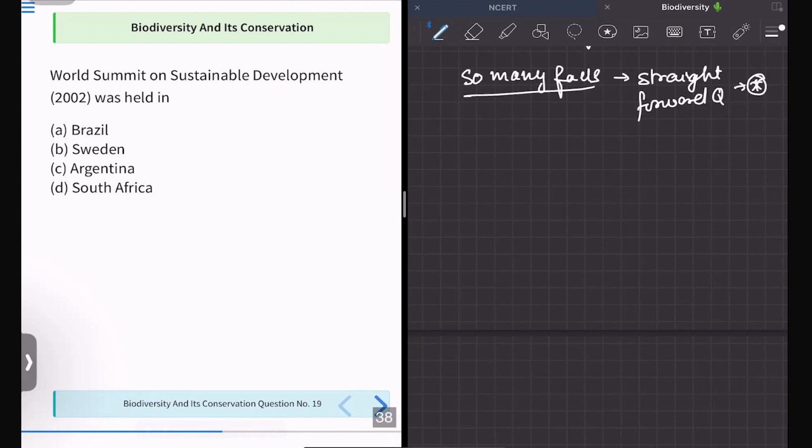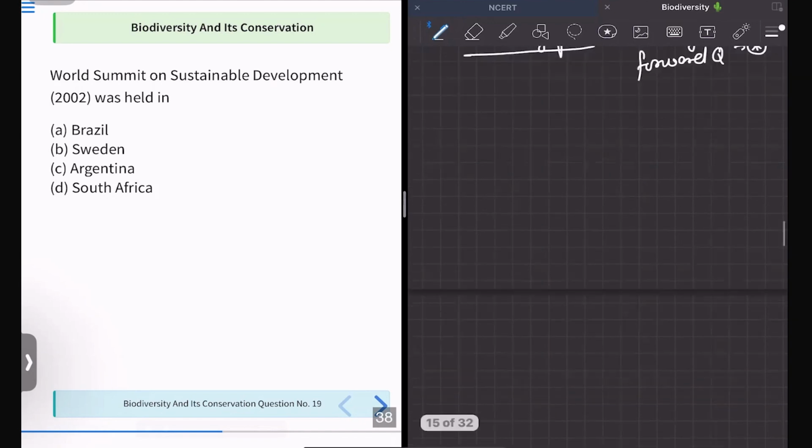If you know the concept, you are going to straight away mark your answer and get correct marks even in very less time because you know the answer. So it's very important that all the facts that are given in your books, you make some proper notes and keep revising them. So from the book, a straight line has come and it is asking about the World Sustainable Summit.